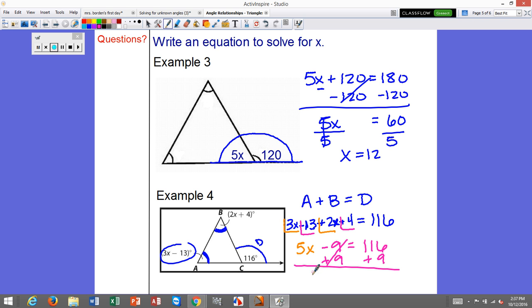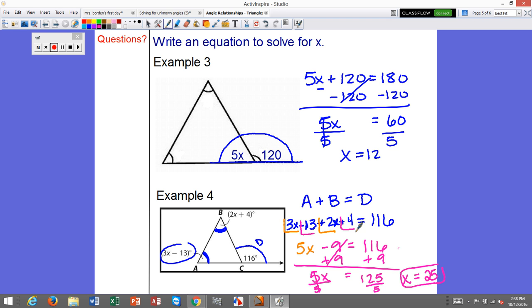The 9's cancel. 5x equals 116 plus 9, which would be 125. I then want to divide by 5 on both sides. And 5 goes into 125 25 times. So x equals 25.